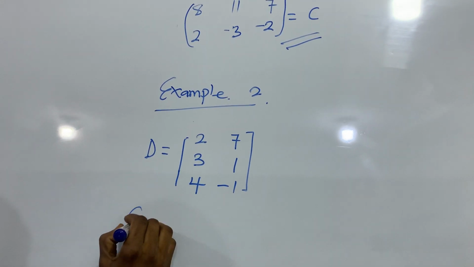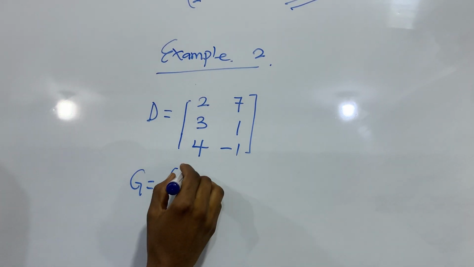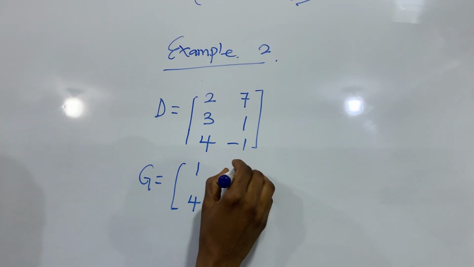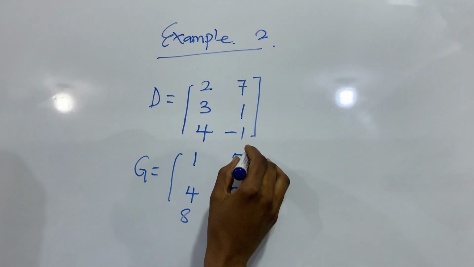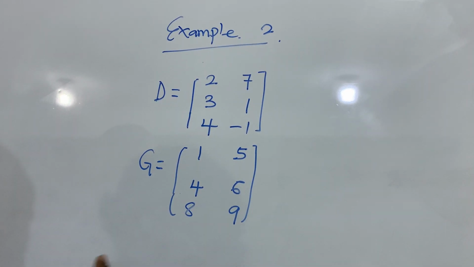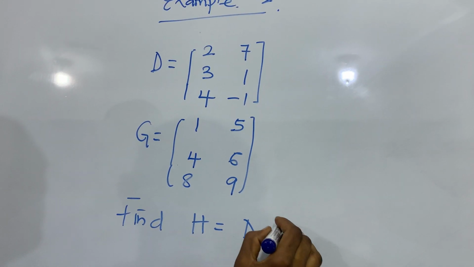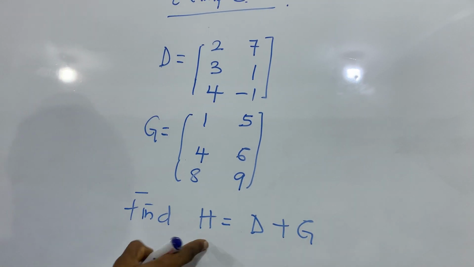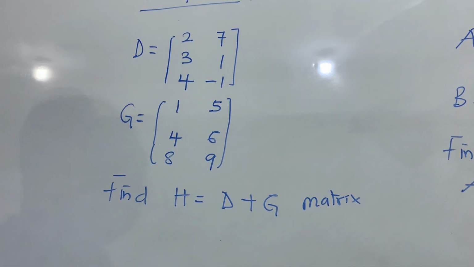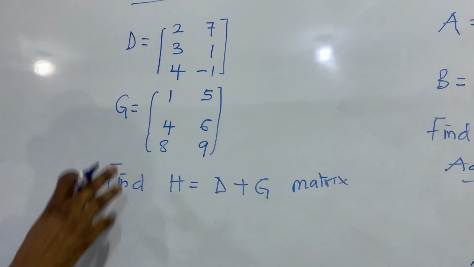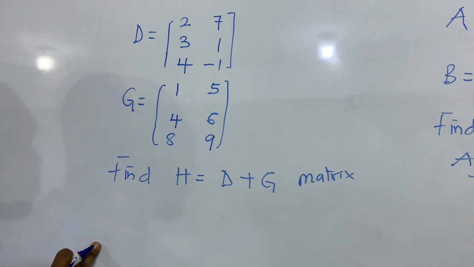We have a matrix G equal to 1, 4, 5, 6, 8, and 9. Then the question can say find H which equals D plus G. Find H equals D plus G, matrix. So it means we're adding matrix D to matrix G to help us get a matrix called H.